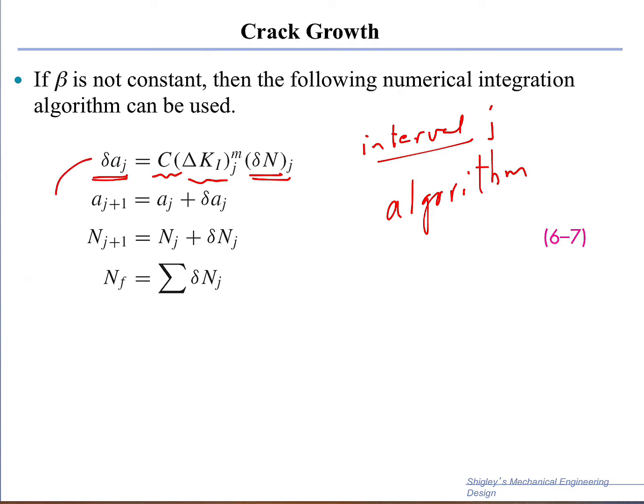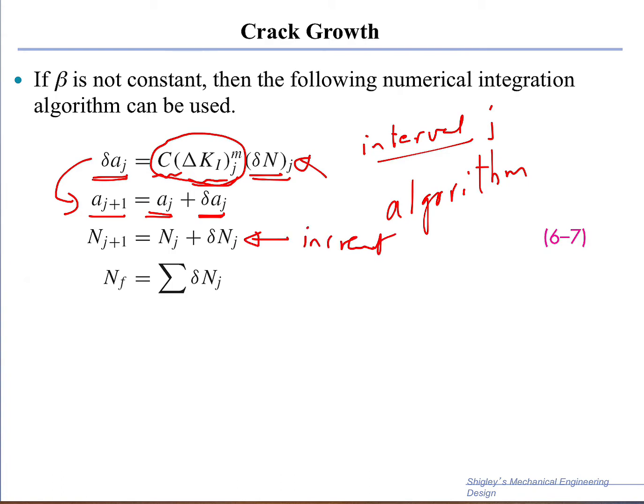So if we do an integration, then the crack size in interval j plus 1 is equal to the crack size in the previous interval plus the increment that has occurred, assuming that these two are constants. And that's a very simple integration. You can just add the results and then you increment the number of cycles.